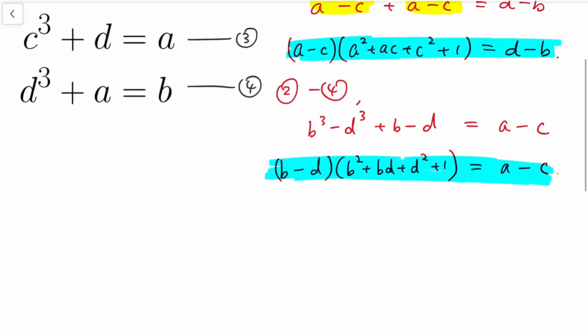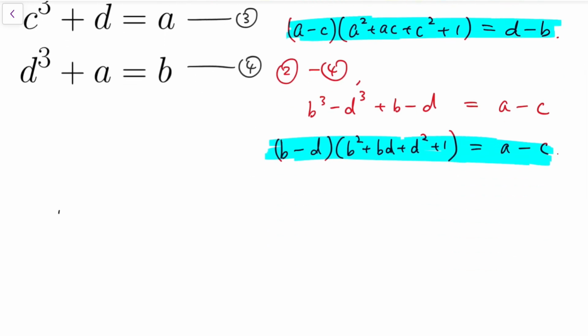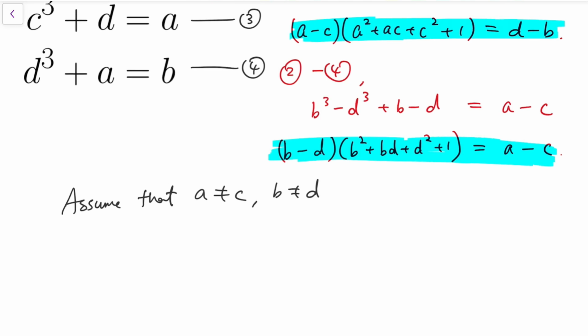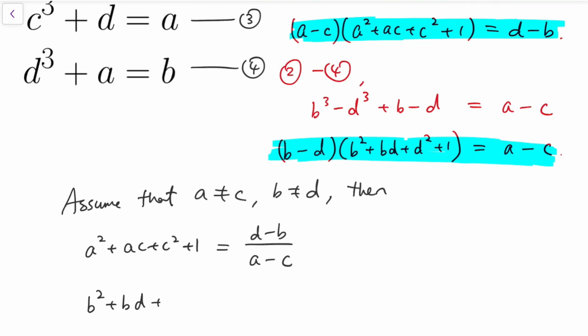If I assume that a and c, and b and d, are not equal, then I can say that a squared plus ac plus c squared plus 1 equals d minus b over a minus c, and b squared plus bd plus d squared plus 1 equals a minus c over b minus d.